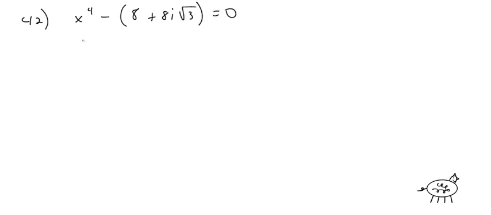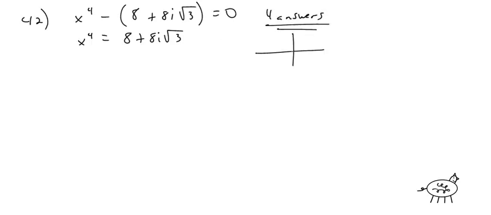First thing I'm going to do is solve for x. So x to the 4th equals 8 plus 8i root 3. And then there are, of course, 4 answers. Very important. And I'm just going to rewrite this in polar form. So we're over here, and this is 8 here, and this is 8 root 3. Well, I definitely recognize this is a 30, 60, 90.